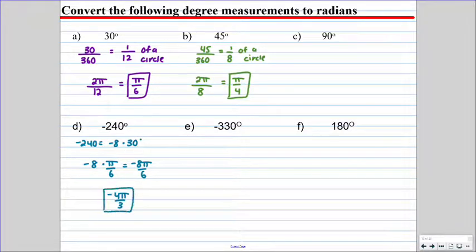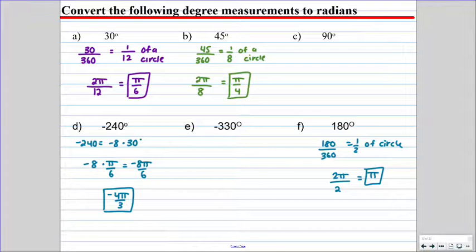Negative 240 degrees is just negative 4 pi over 3. I'm going to have you do that for E in just a minute as well. But last one, 180 degrees. Well, 180 degrees is half of a circle. So 2 pi, a full circle in radians, divided by 2. 180 degrees is just pi radians there.